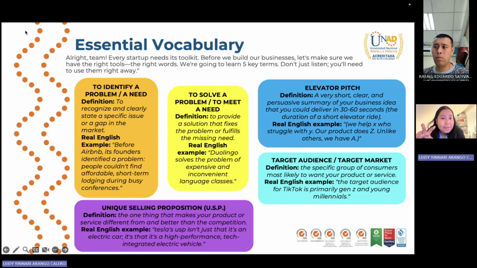There is a specific state that presents an issue or a gap, in this case in the market, since we're talking about a business. As an example, Airbnb's founders identified a problem: people couldn't find affordable short-term lodging during busy conferences. Airbnb offers accommodation, more used for short terms, and nowadays it also has hotels and more luxury options.